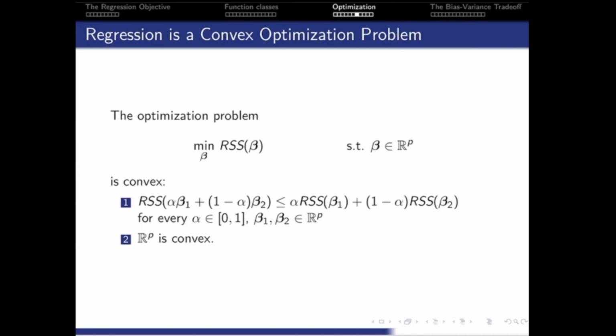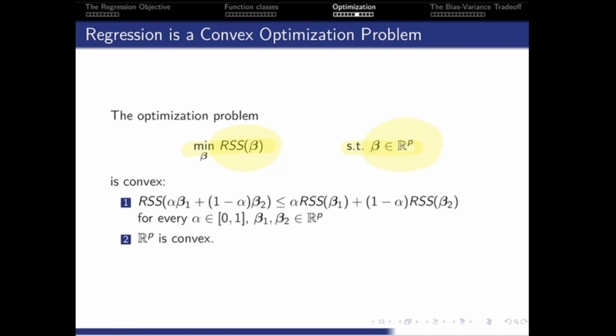Okay, so we now have a convex optimization problem, which is to minimize the residual sum of squares of beta subject to beta in R to the power of p. As you might remember, for an optimization problem to be convex, we needed to fulfill two properties: that the objective function is convex and that the feasible set is also convex.